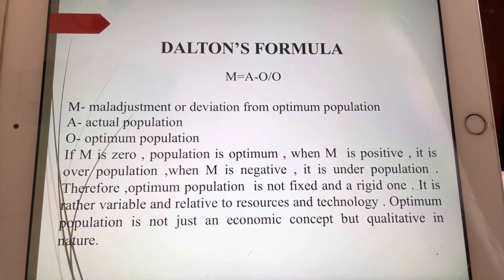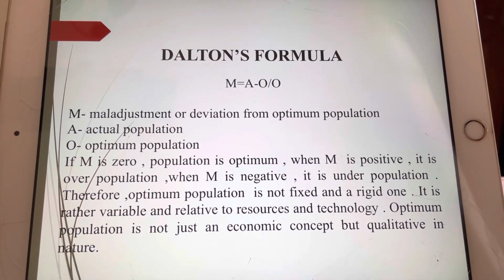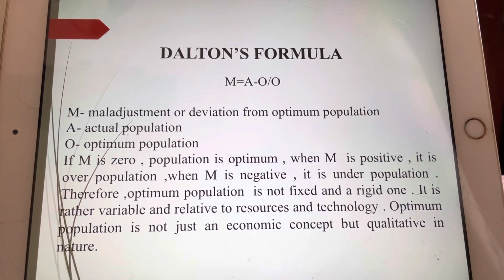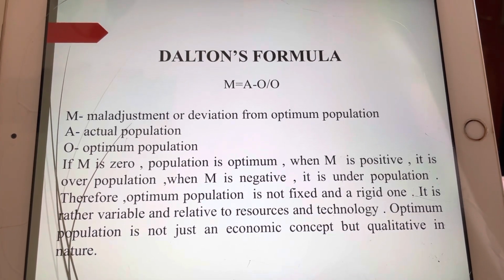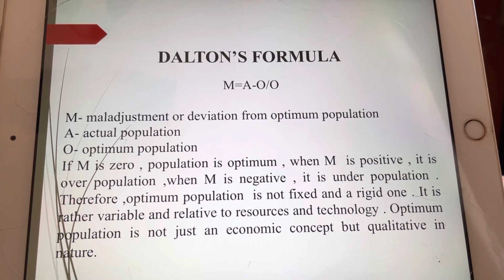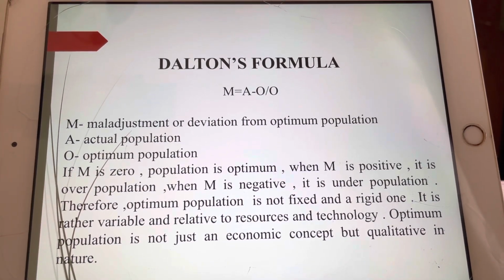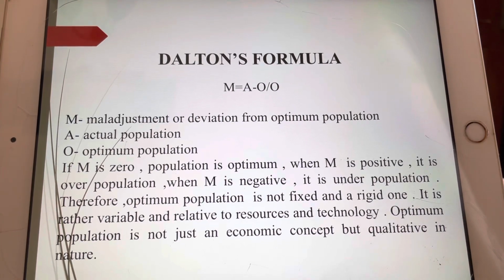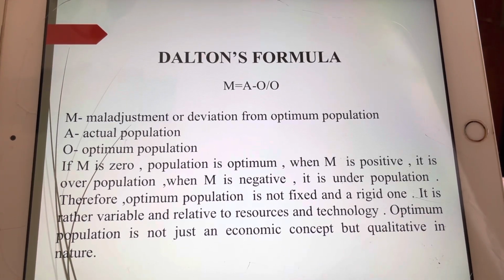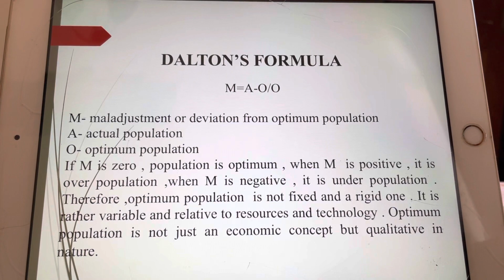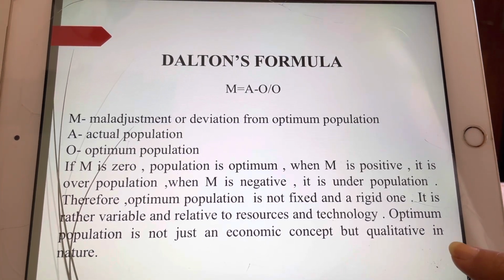Optimum population is not just an economic concept but of a qualitative nature. So we can't relate it to an economic theory or economic concept in the strict sense, but it is qualitative in nature.